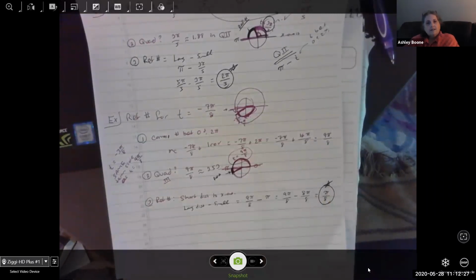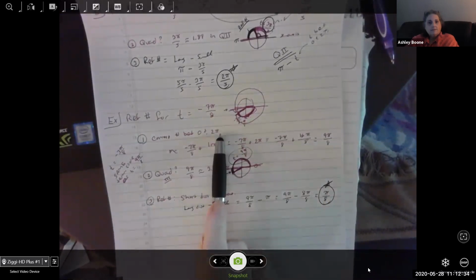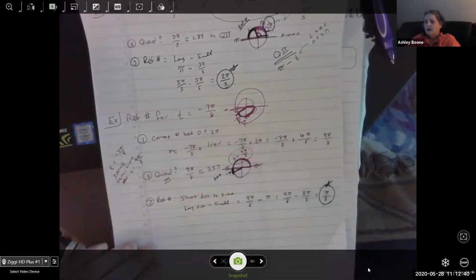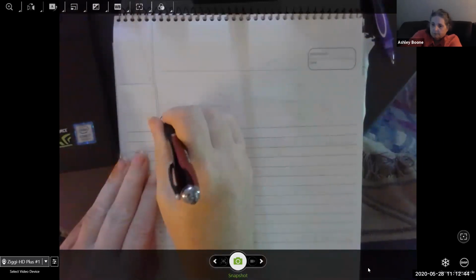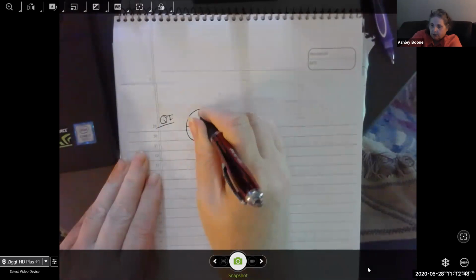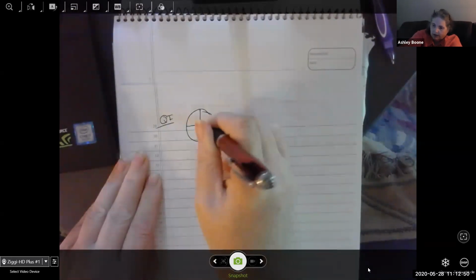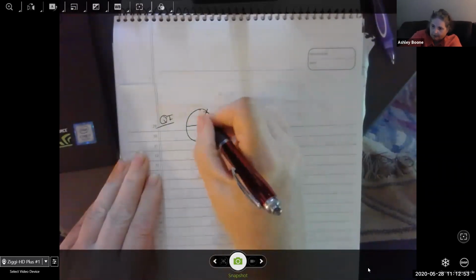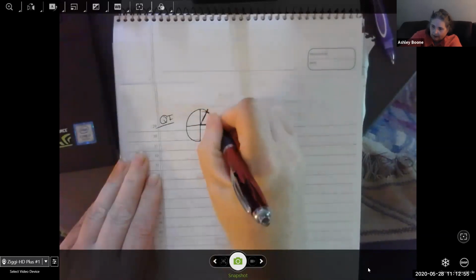It really does depend on the quadrant you're in. Once you've gotten a value that's between 0 and 2 pi, and you identify your quadrant, then that distance is all going to depend. If you are in quadrant 1, your t value between 0 and your terminating side is right here.